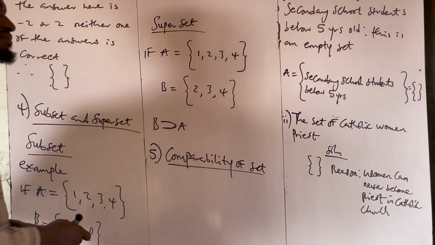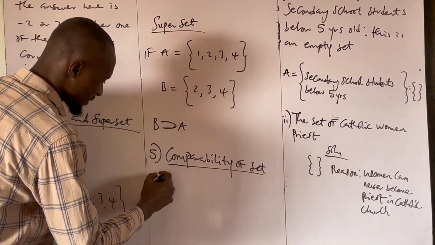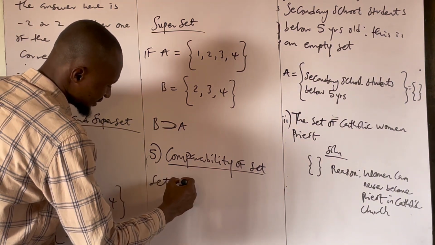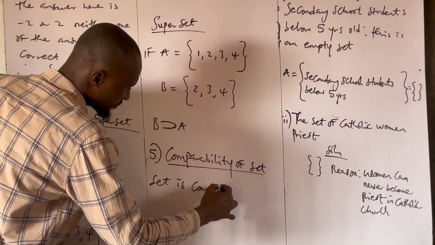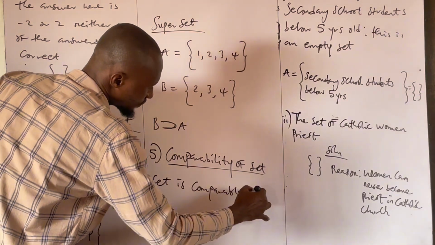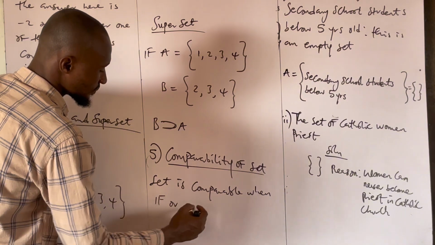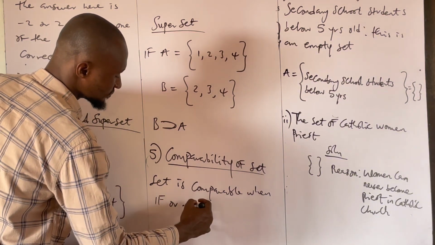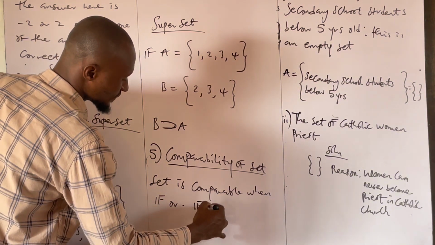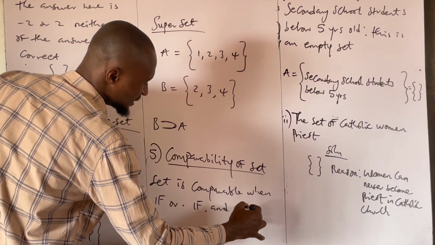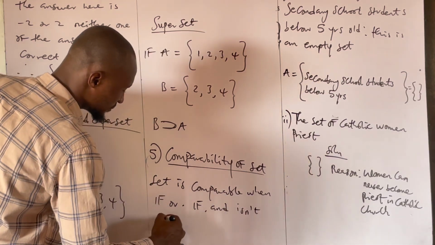What do I mean? Sets are comparable when this "if or" is used. Then "if and", it isn't comparable.